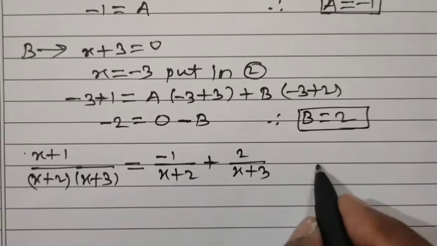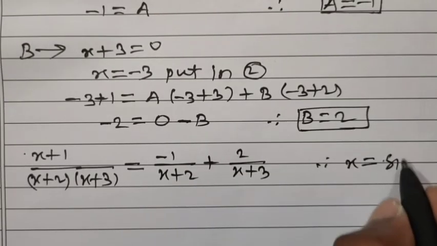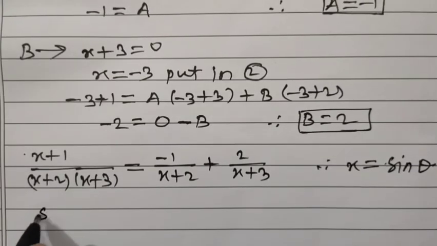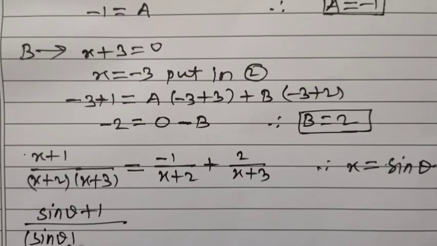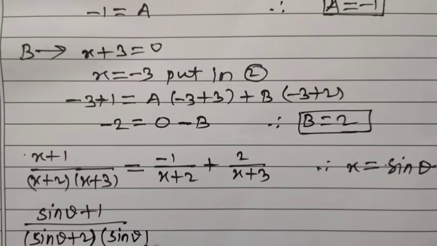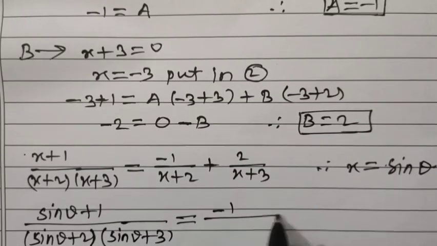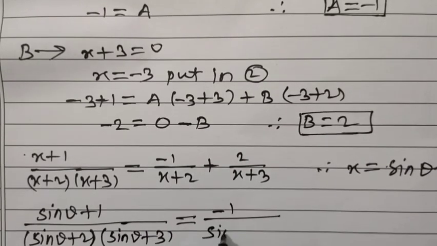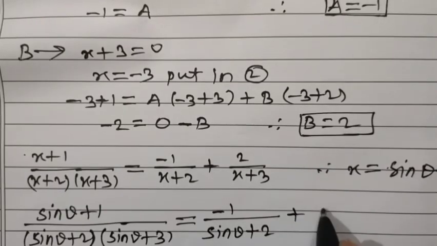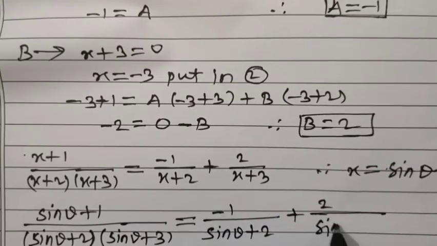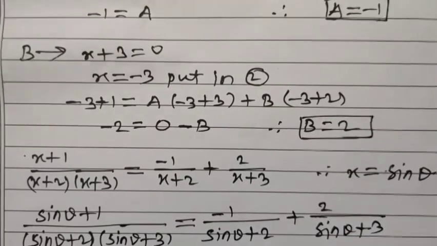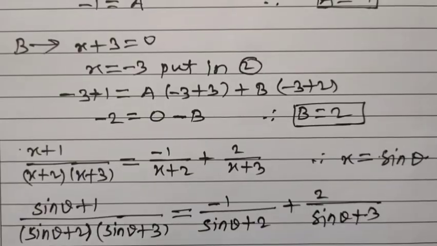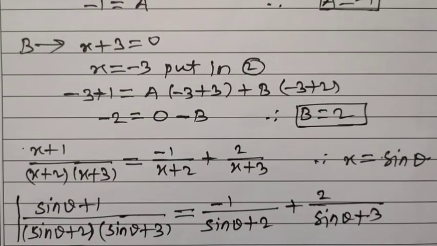Okay, since our assumption x is equal to sin theta, sin theta plus 1 divided by sin theta plus 2 in another bracket sin theta plus 3. This is equal to minus 1 upon sin theta plus 2 plus 2 upon sin theta plus 3. Okay, these are partial fractions of given rational function. This is solution of given sum.